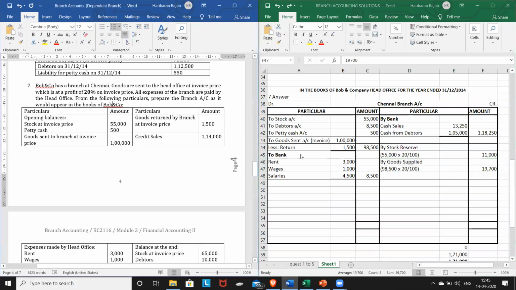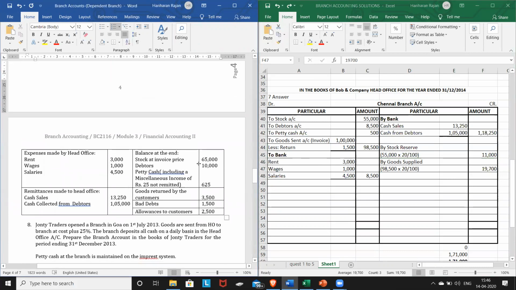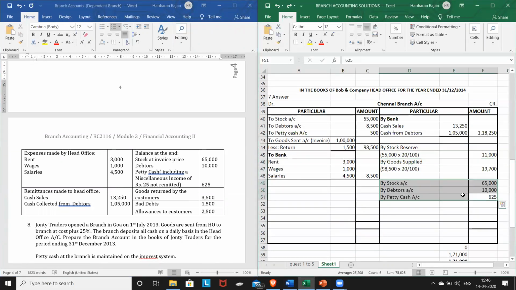What are the other information left out? That is the closing balances. Stock closing balance is given, debtors closing balance is given and petty cash closing balance is given. I'll put all these three together. Now I have to find out what was the profit added for the closing stock: 65,000 into 20%, 13,000.